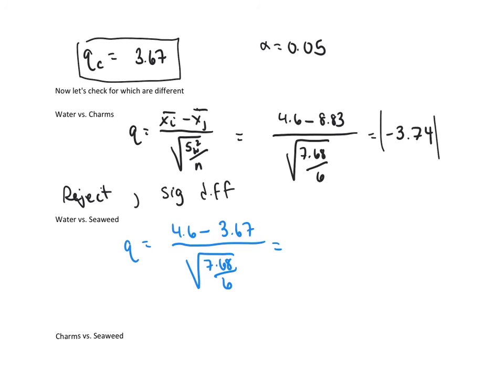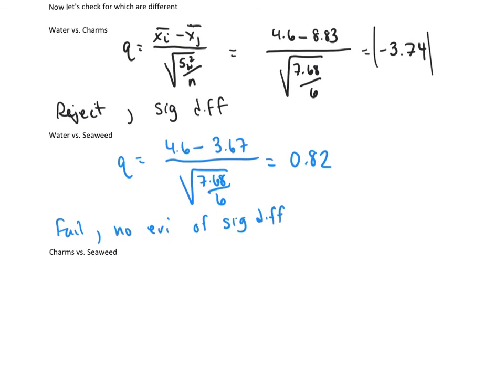And water versus seaweed is only going to be 0.822. So that's going to fail to reject. So there's no evidence of a significant difference there. And finally, we'll look at the charms versus seaweed.